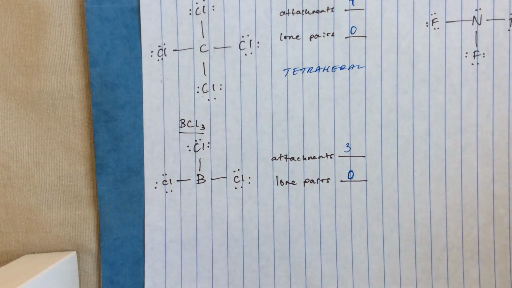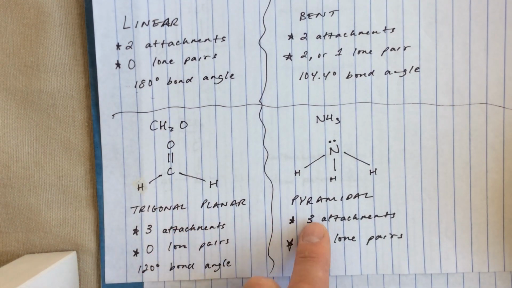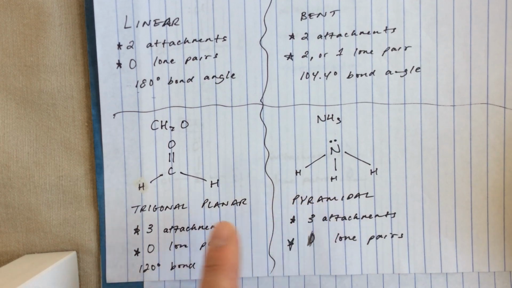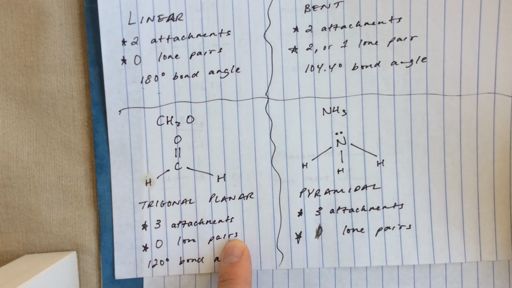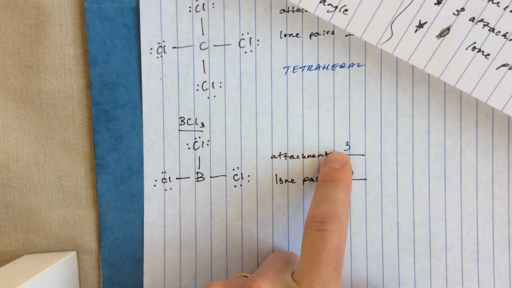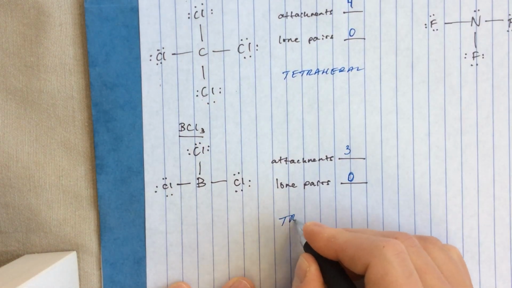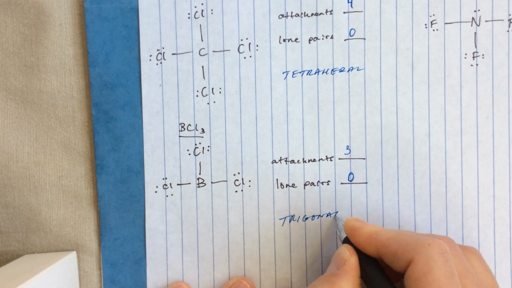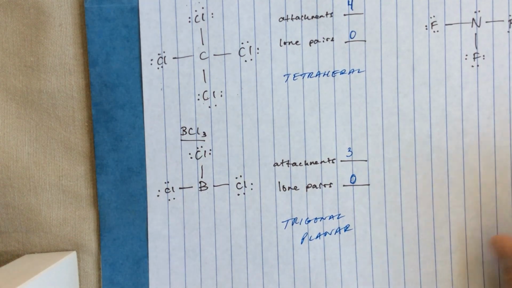Zero. Use your PowerPoint or your notes: three attachments could be pyramidal or trigonal planar. Trigonal planar has zero lone pairs and pyramidal has one lone pair. So with three attachments and zero lone pairs, we have a trigonal planar molecule.